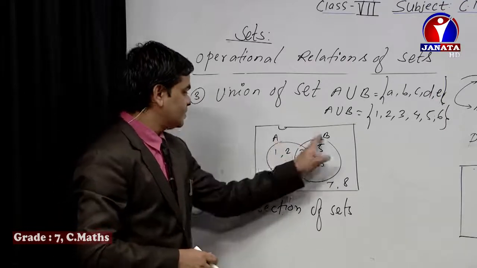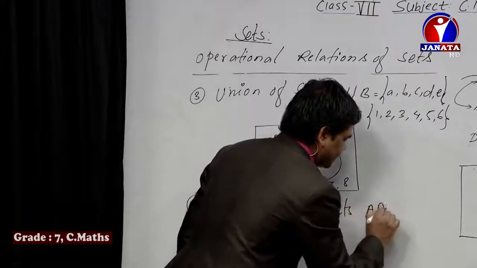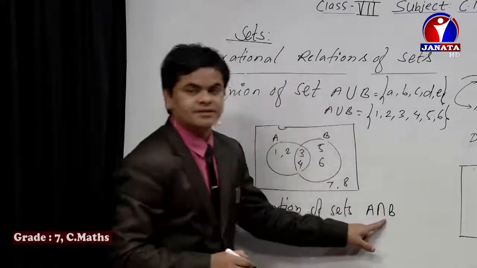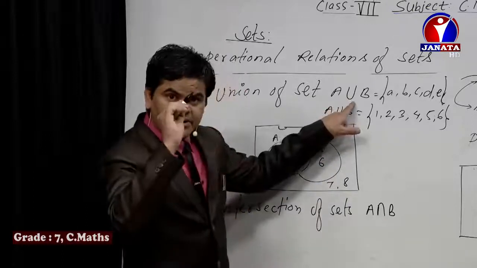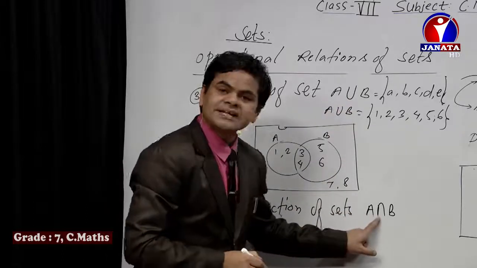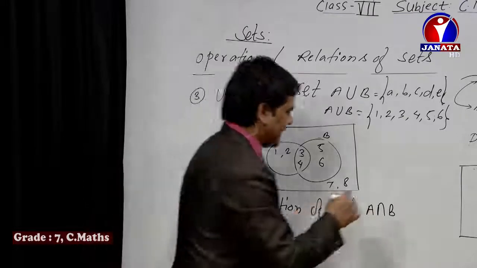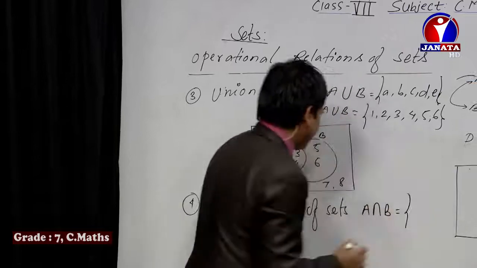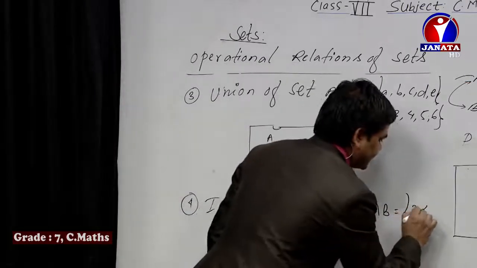So A intersection B equals, if you have to find out, A intersection B. This sign is known as intersection, dear students. Symbolically, union is represented by an upward turned U and intersection is represented by a downward turned U. So A intersection B equals, looking at this Venn diagram, we need to represent 3 and 4.